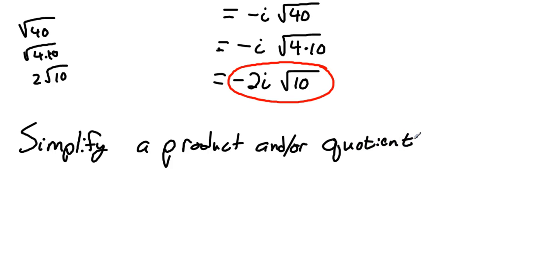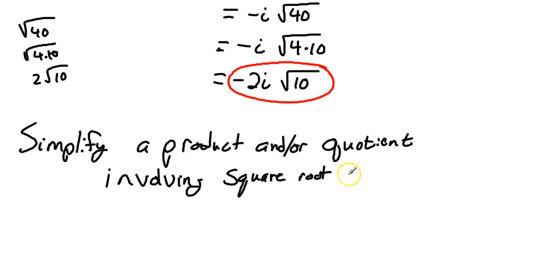Really, you're doing a product on one, then a quotient on the other, but they package them together as one problem. And it's still the same thing. It's still the square root of a negative number. So they're just going to keep coming back to that same theme over and over for all these.